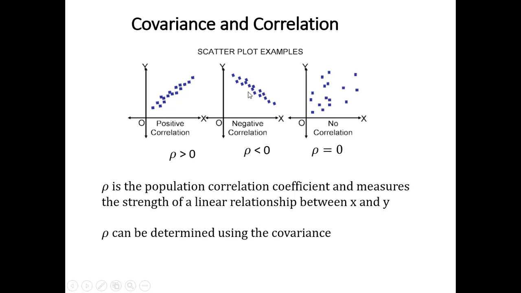This is a negative correlation, and if they're just all over the place, they're not correlated at all. So rho is the population correlation coefficient and measures the strength of a linear relationship between X and Y. But it's interesting, rho can be determined using the covariance, and covariance can be determined using expectations.